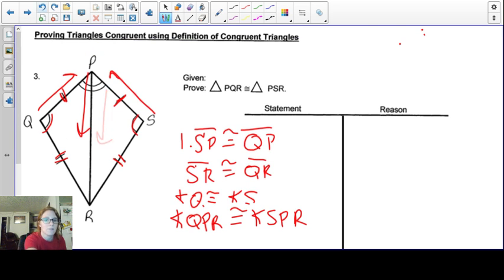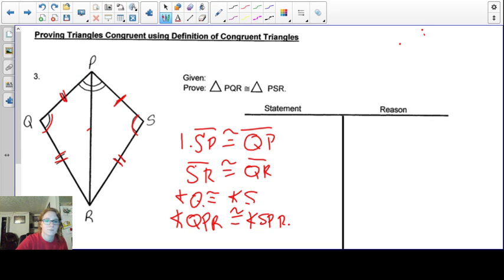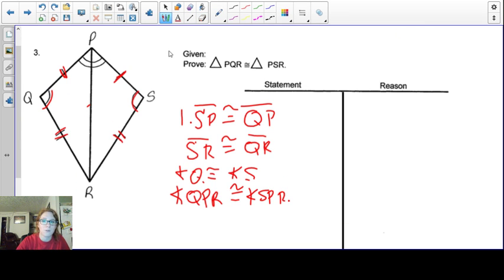So all that stuff is on my given. I want to get rid of those arrows that I drew over here. And all of those big giant things are given, because it's been given to me on my picture.